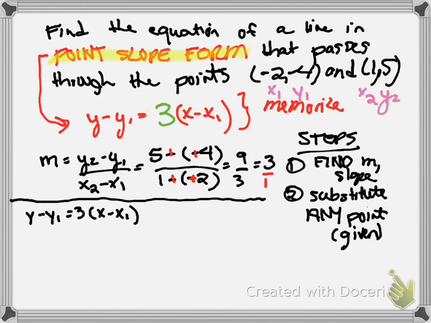And let's use blue. This time I'm going to substitute in the point -2, -4. So wherever I see x1, that's going to be -2, and -4 is y1.